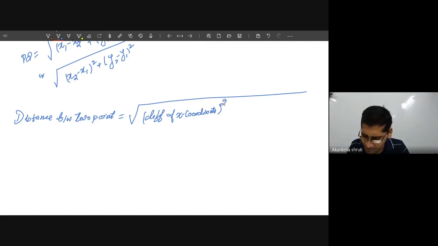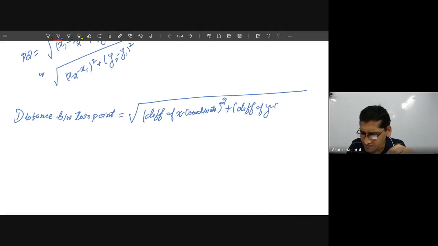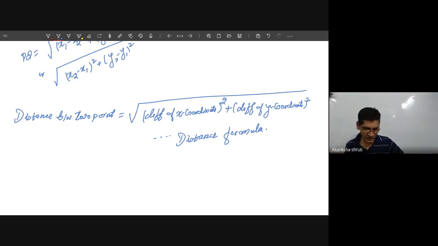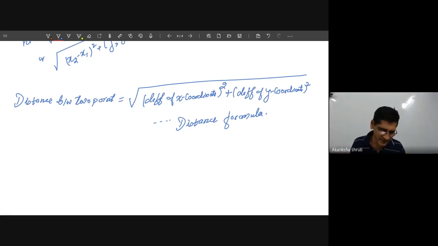There is square. Order doesn't matter. And the same, difference of y coordinate, and there is square we have to calculate. So whatever this formula is, this is called your distance formula. Okay, student, it is called our distance formula.